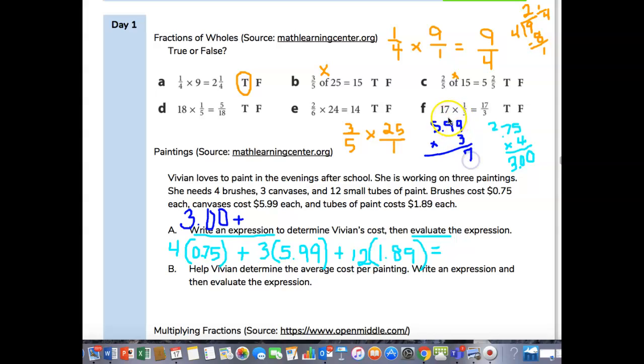Put down your 7, carry your 2. 3 times 9 is 27, plus 2 is 29. 3 times 5 is 15, plus 2 is 17. Then we go up here, 1, 2 decimal point. We come down here, 1, 2 decimal point. So the 3 canvases were $17.97.